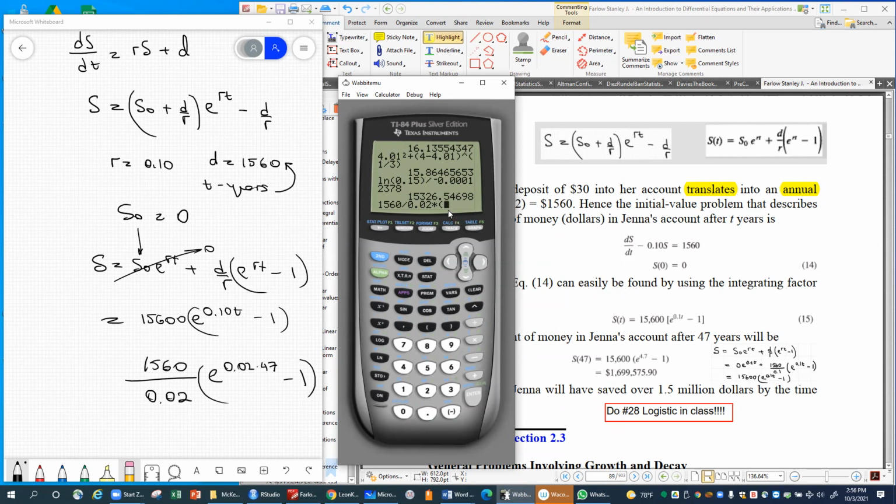So that's second ln to get to e to the 0.02 times 47, close parenthesis, e minus 1, and close parenthesis there. Well, it's not millions, but still some money.